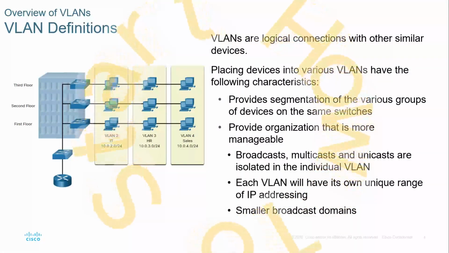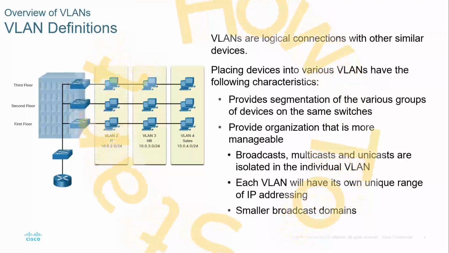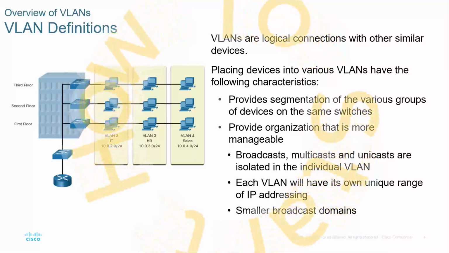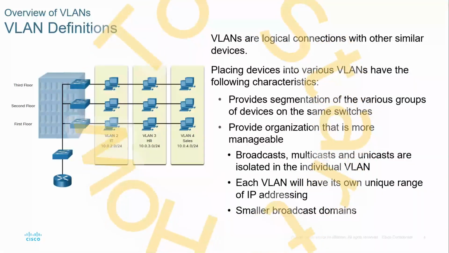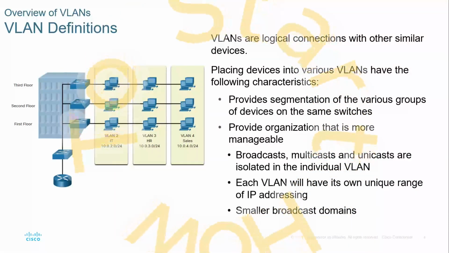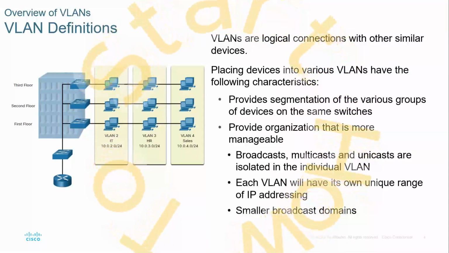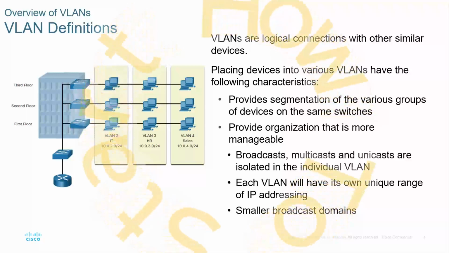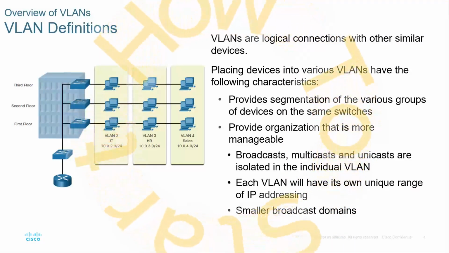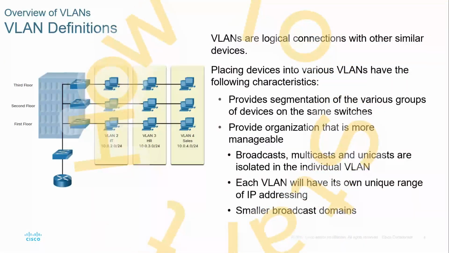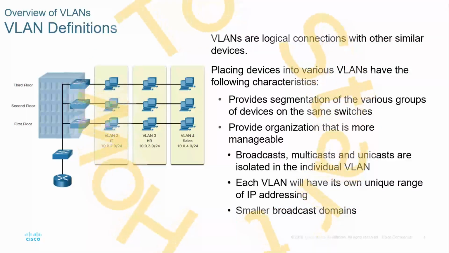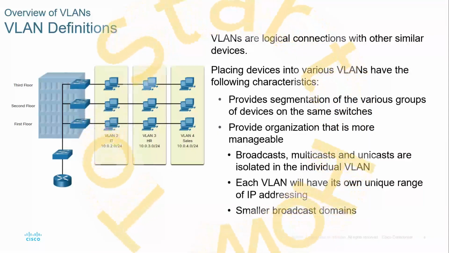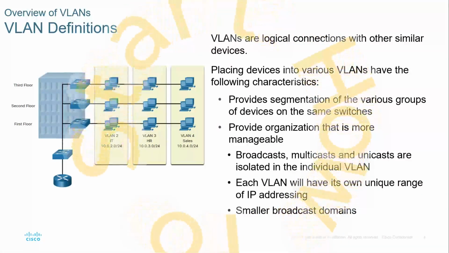Essentially, we have 24 ports on a 24-port switch. Well, we can actually virtually say that ports 1 through 5 are in one group, ports 6 through 10 are in a second group, and so forth. That logically breaks up that 24-port switch into multiple logical switches. That's essentially what a VLAN is. It's virtual groupings on the hardware.